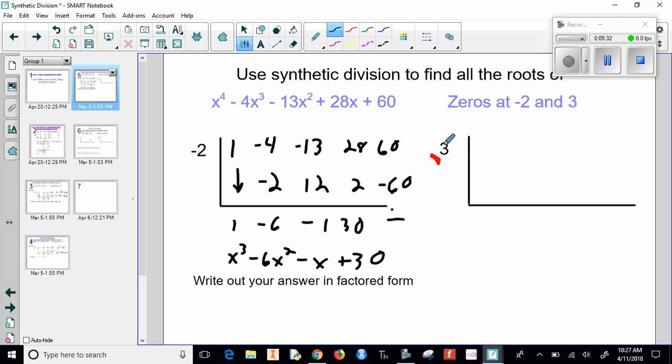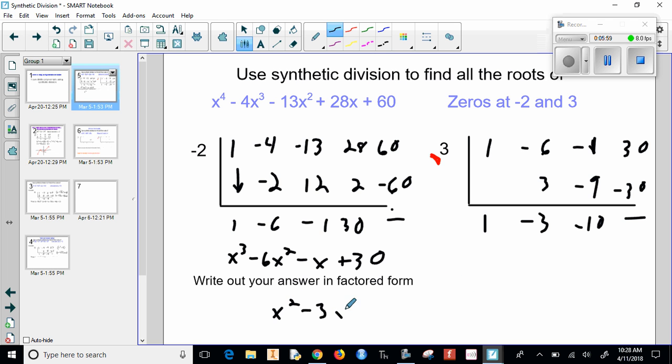Now if I want to factor this as far as I can, I want to take this, our result from our first one, and put it up here. So that would be 1, -6, -1, and 30. Now when I do this, now that cancels out, and I have to write our answer in factor form.